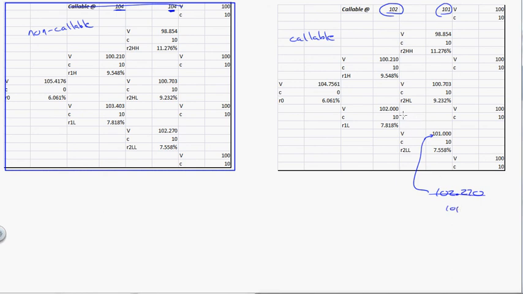And now to get this 102 value, you use 101 in, so the price would be a 50% chance of getting 101 plus 10 divided by 1.07818, plus a 50% chance of getting the 100.703 plus 10 over 1.07818.